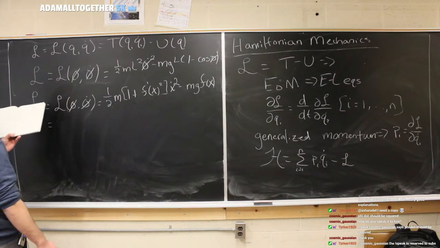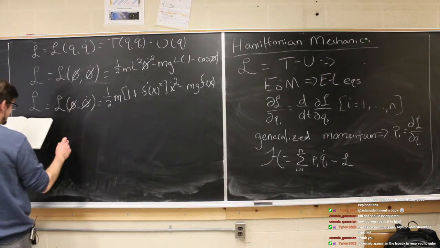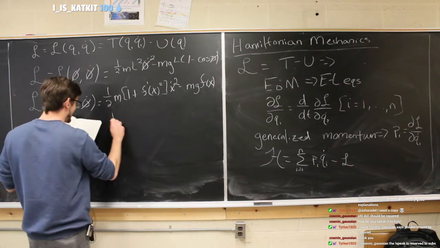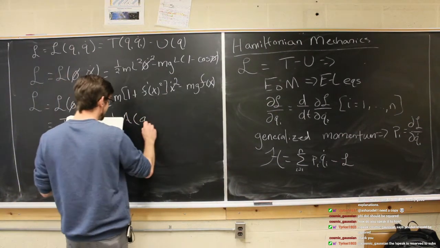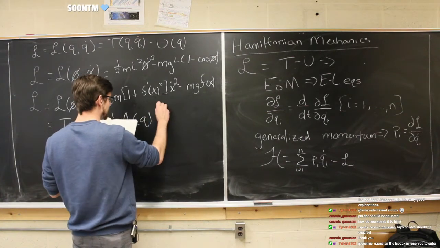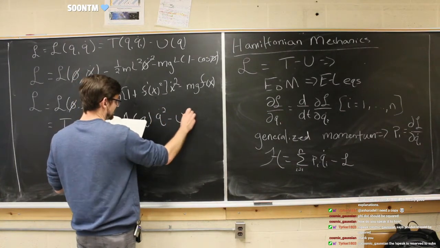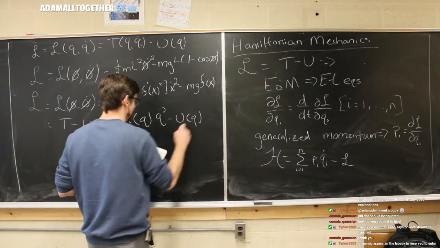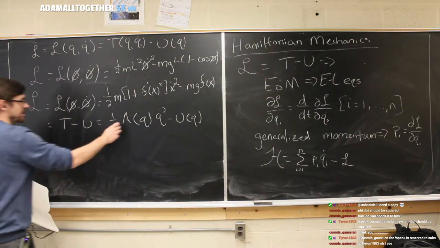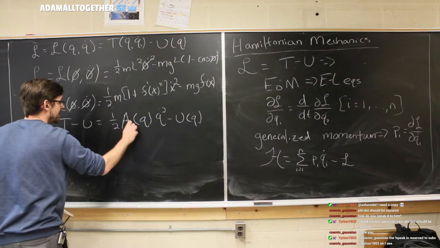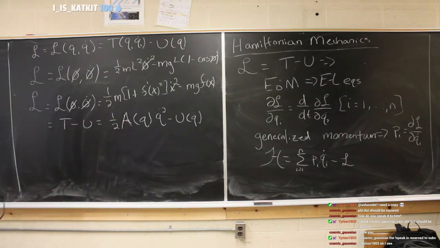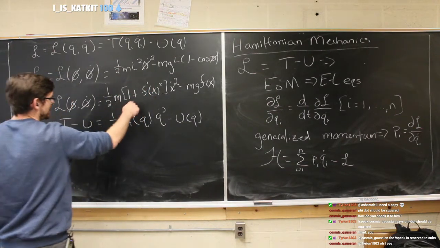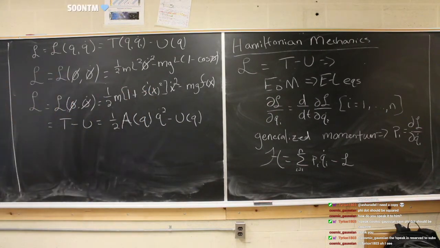But we can rewrite it in a different way, where T minus U is equal to 1/2, where we have just some function of distance times q dot squared, minus U of q. Now we do have this function of distance, so we're not losing anything, right? This function of distance can be whatever we need it to be to satisfy this equation up here, whether it's m times (1 plus f prime x squared).